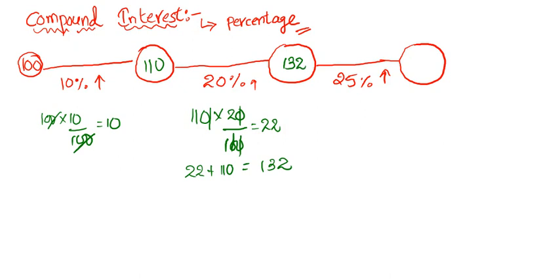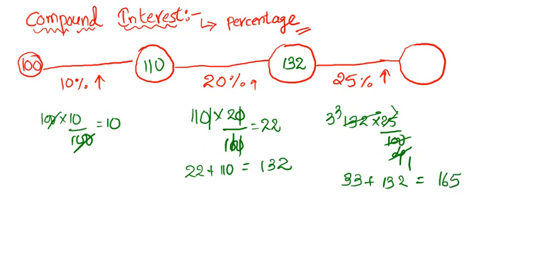Then 132 of 25%: 25 ones, 25 fours. 4 threes are 12, again 4 threes are 12. Means 33 plus 132. Now it will become 165.